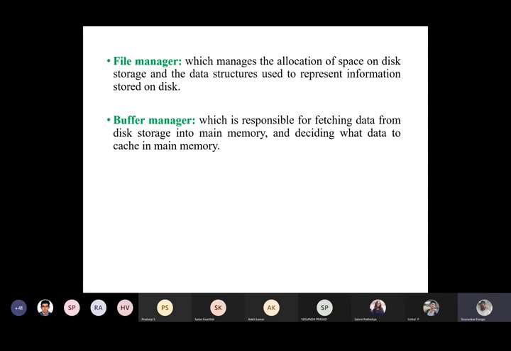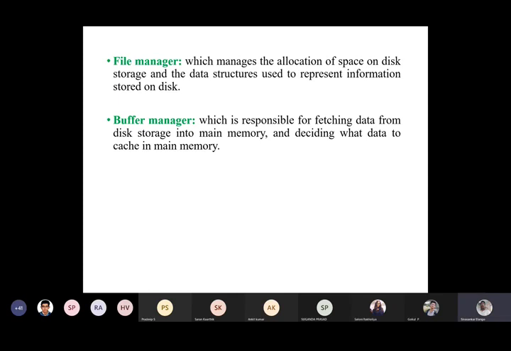How to allocate space within blocks on a disk storage is taken care of by the file manager. It deals with the type of data structure that is used to represent the data, and how you are going to allocate space on disk storage.